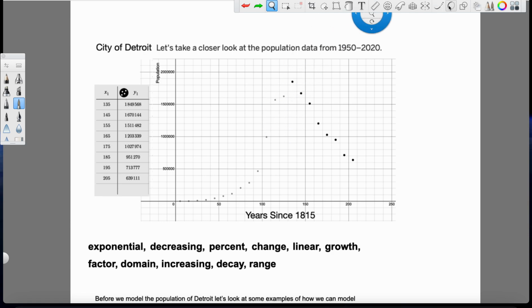And notice that at the height here, we're almost at 2 million. Looks like maybe 1,750,000. And then by 2020, it's down to almost 600,000. So that's an impressive decline.